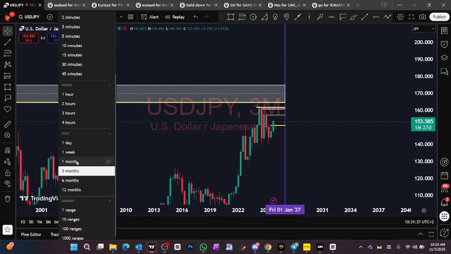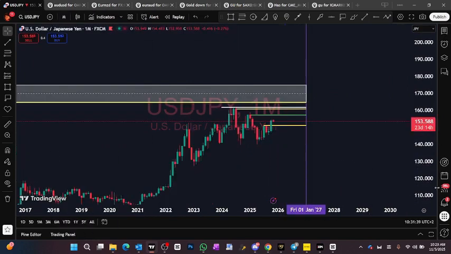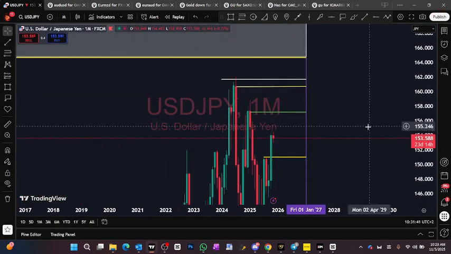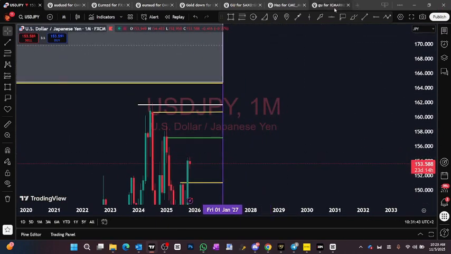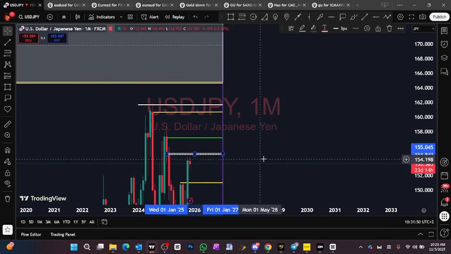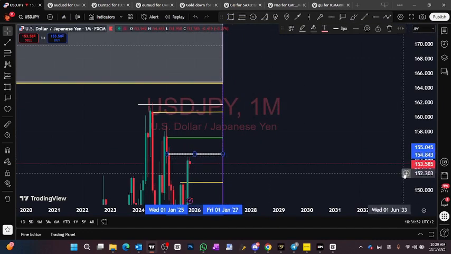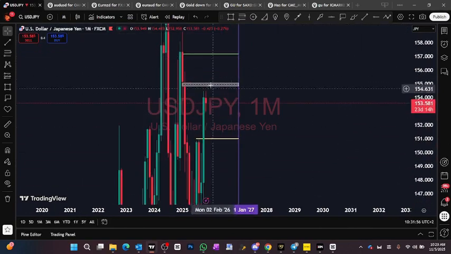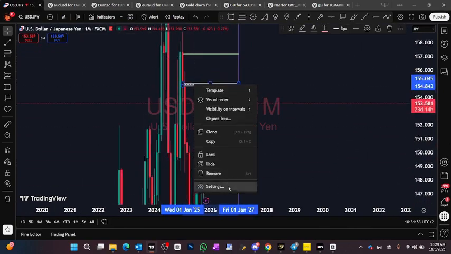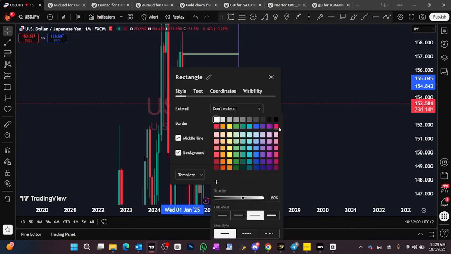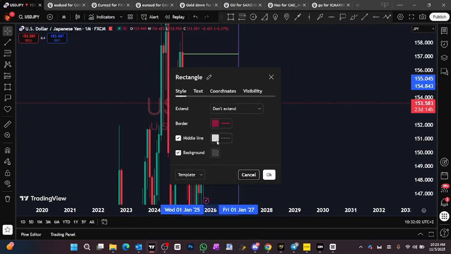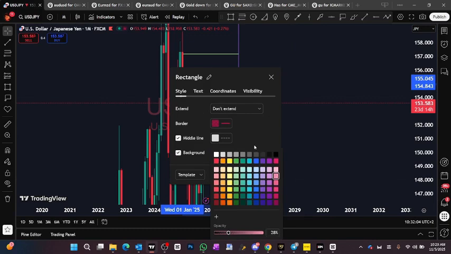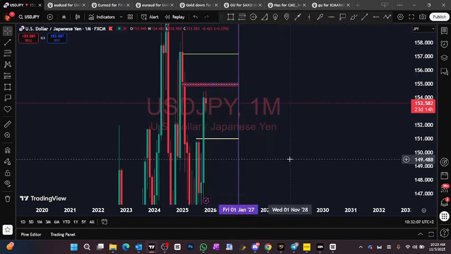Alright, let's go down to a month. Monthly chart. Monthly chart gives us this fair value gap here. Okay, gold purple monthly, so we don't get confused which is which.